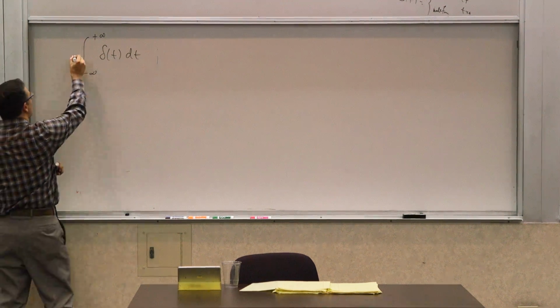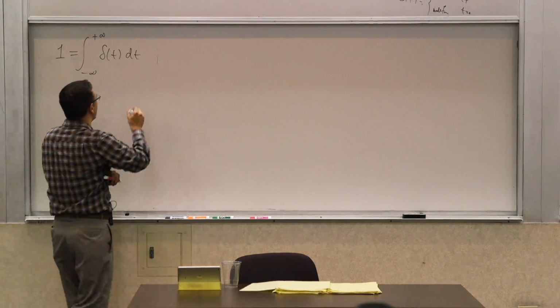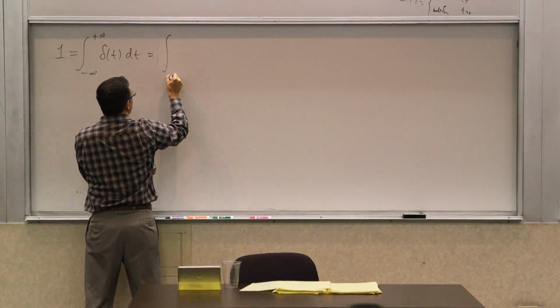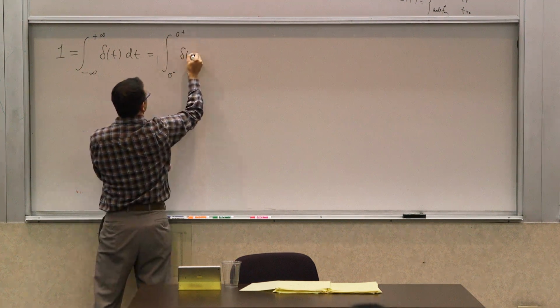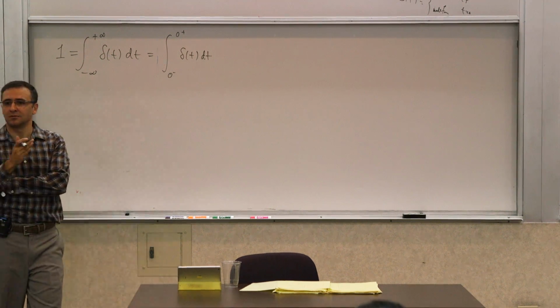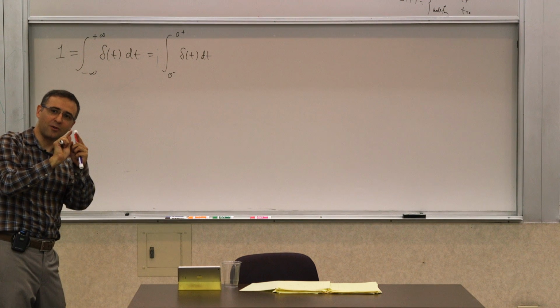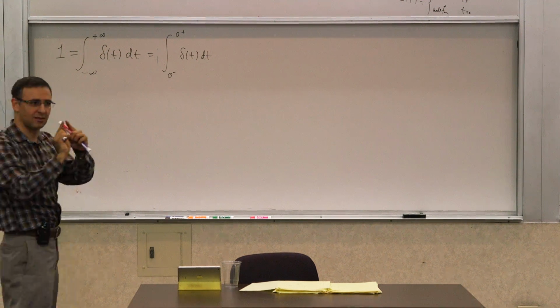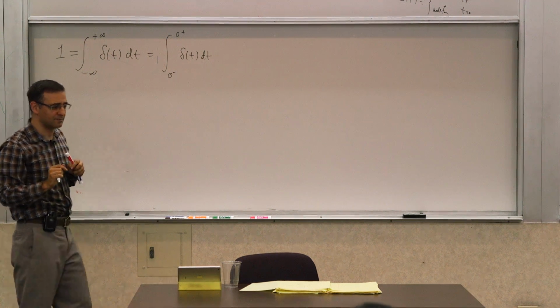So its area is 1, which is also equal to integrating from 0 minus to 0 plus, because all the action happens around 0. It's 0 everywhere else. As long as you're a little bit before and a little bit after 0, that gives you an area of 1.